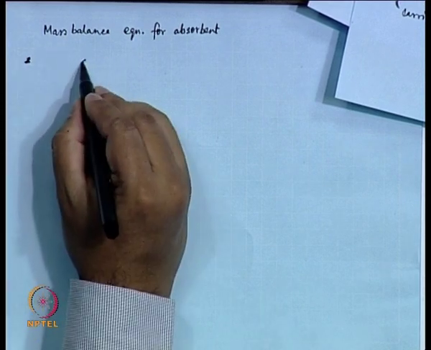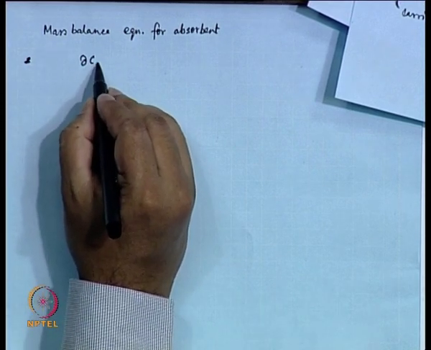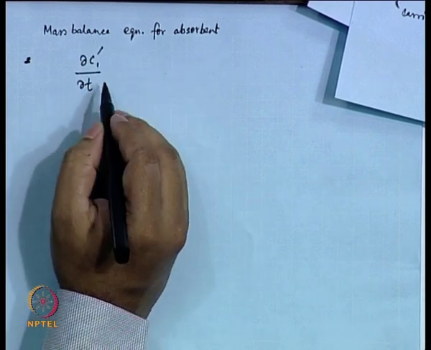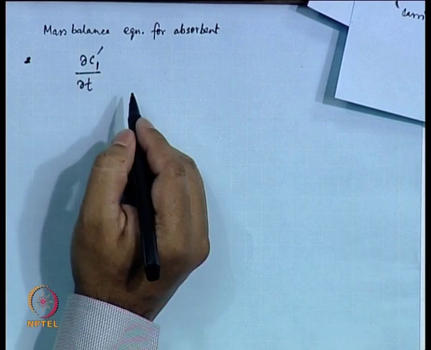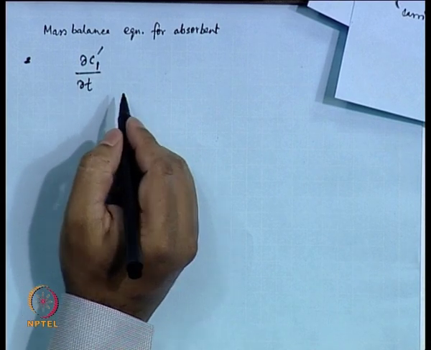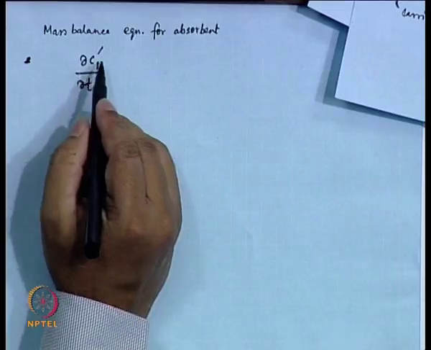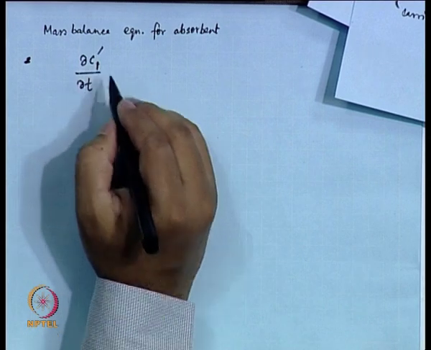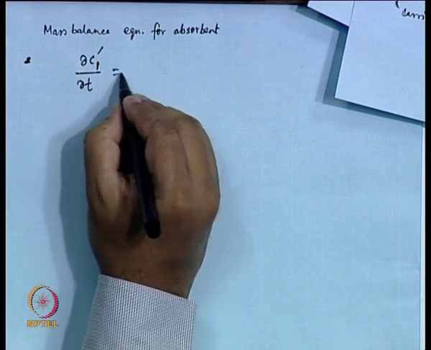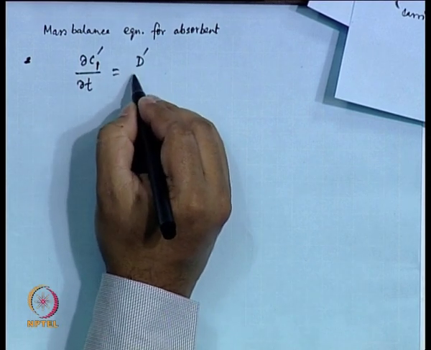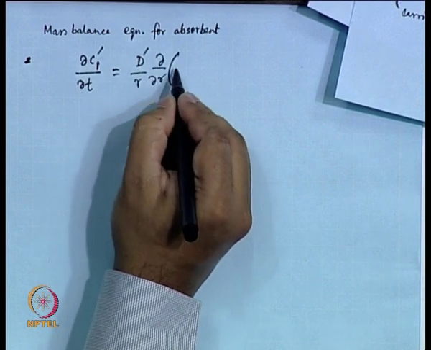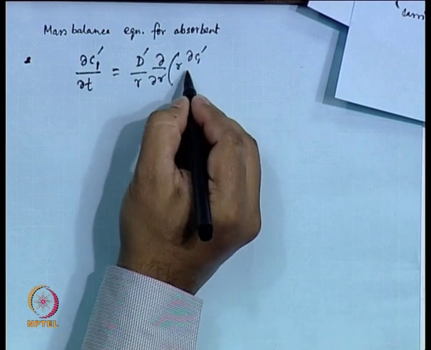Let me write the equation first. It would be del C1 prime del t. Why am I bringing a prime here? 1 is species 1. I have a pulse containing 1, 2, 3, 4, and I am talking about species 1 here. Prime means the concentration inside the solid phase. That is why I am writing it as prime. This is equal to D prime by r del del r of r del C1 prime del r.